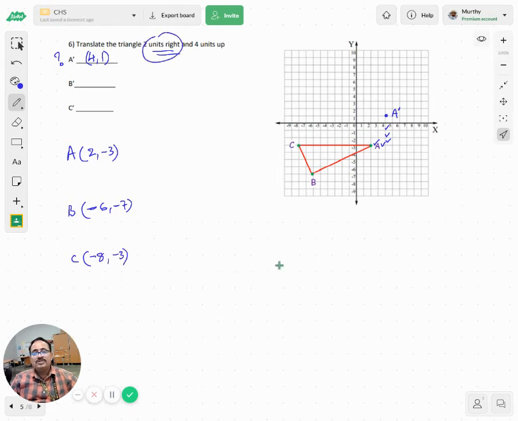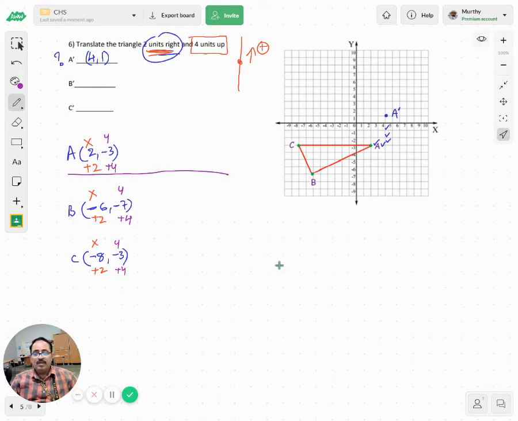So 2 units right means it is a +2. So what you have to do is for all the x values, 2 units right means right side means you add 2, and next 4 units up. So on y-axis, 4 units up means then I have to take positive. So on y-axis, 4 units up means +4 for all the y values. I have to add 4.